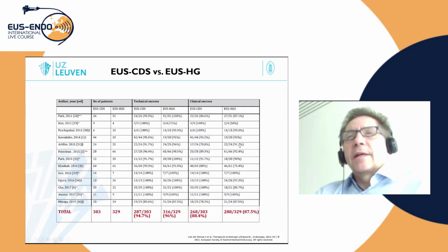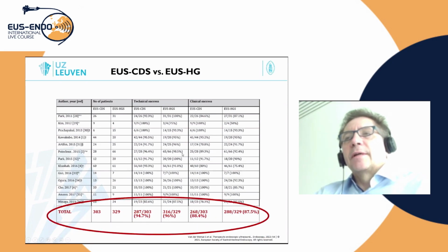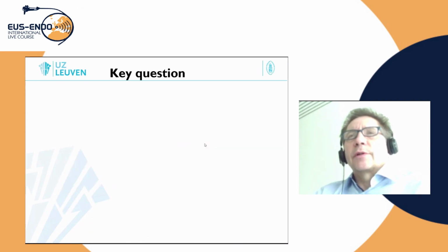If we compare choledochoduodenostomy with EUS-guided hepaticogastrostomy, one can see that the outcomes are very similar with regard to technical success and clinical success, with us having the option of choosing for the particular patient the best therapeutic option.